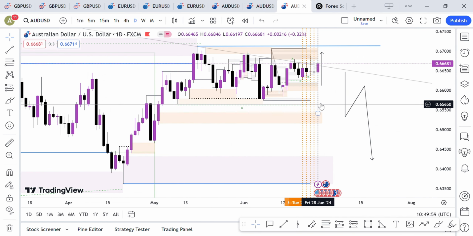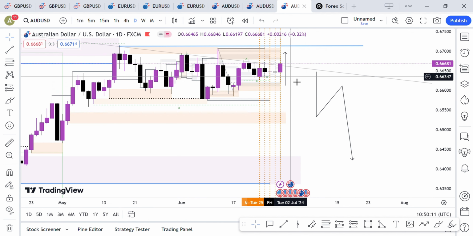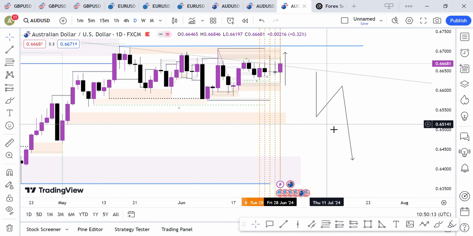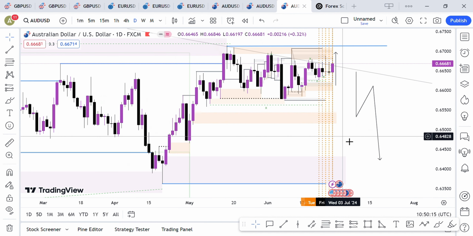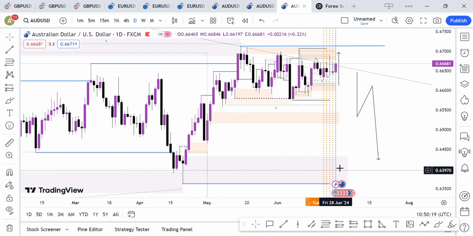Price took out this liquidity right here, if you see the X, and after the liquidity grab, price jumped to the upside. That could give us another proof that possibly next week we should also be looking for other buy opportunities.